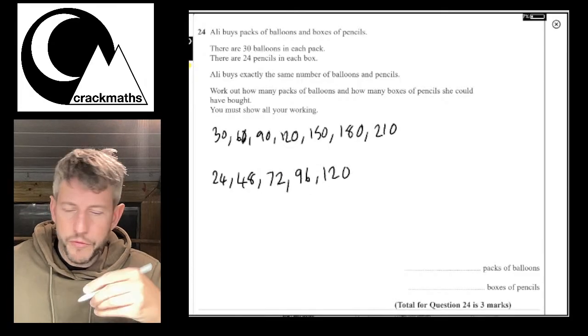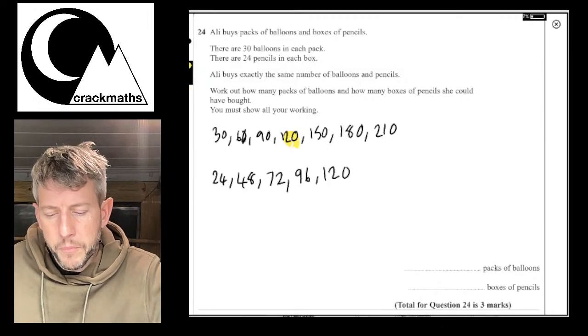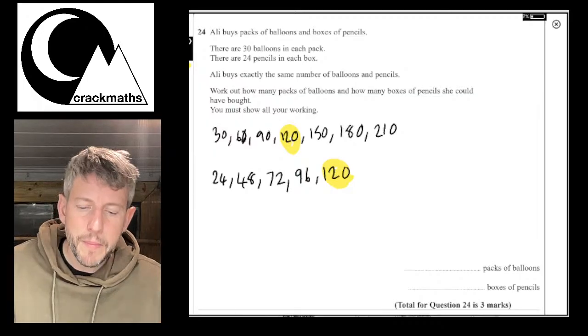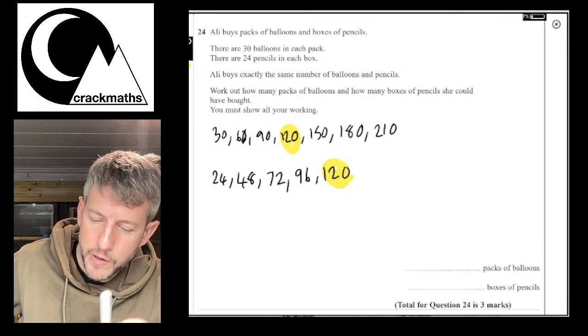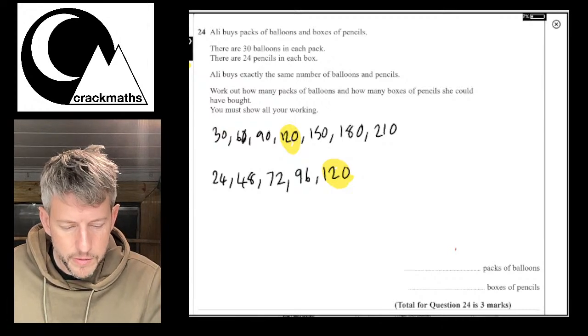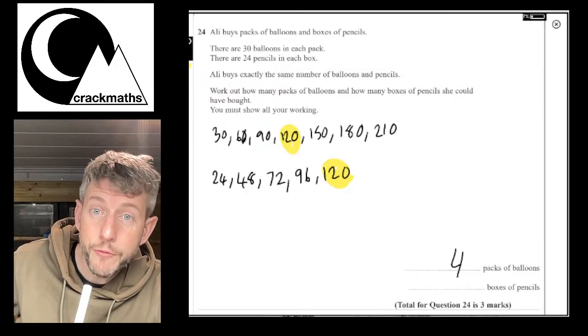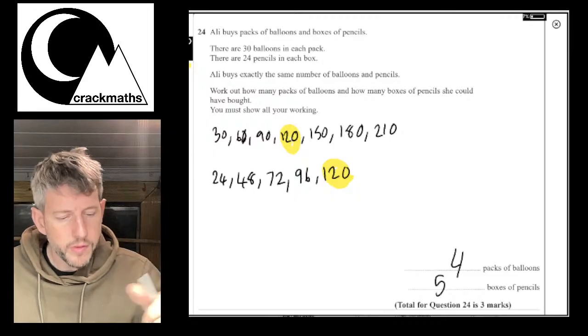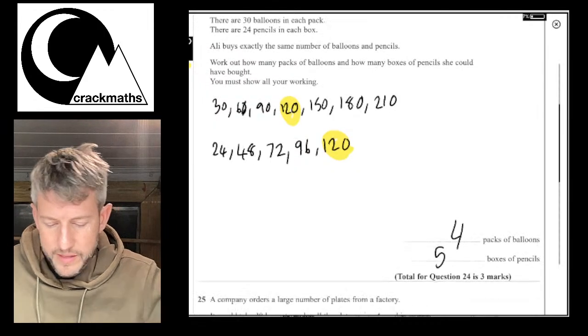Here we go. So if they want the same amount, it's got to be 120 balloons and 120 pencils. And 120 balloons is 1, 2, 3, 4 packs of balloons, and 120 pencils is 1, 2, 3, 4, 5 boxes of pencils. Oh, there's another question down here.